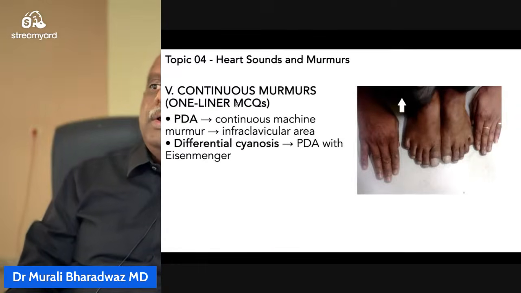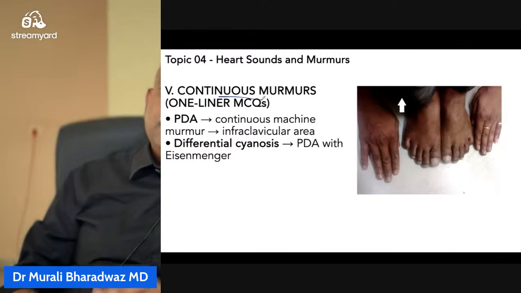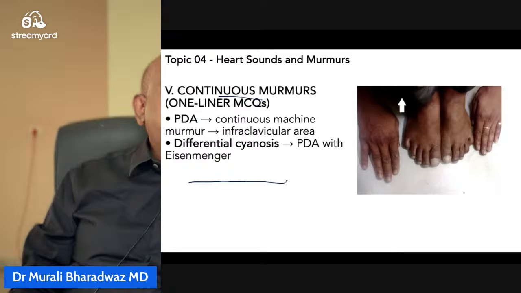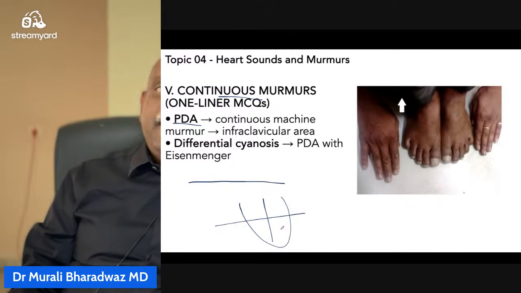Right? Now, what is a continuous murmur? It starts in systole and continues into diastole. That is the nature of PDA. What is PDA? Public display of affection. PDA. From the left ventricle what comes?